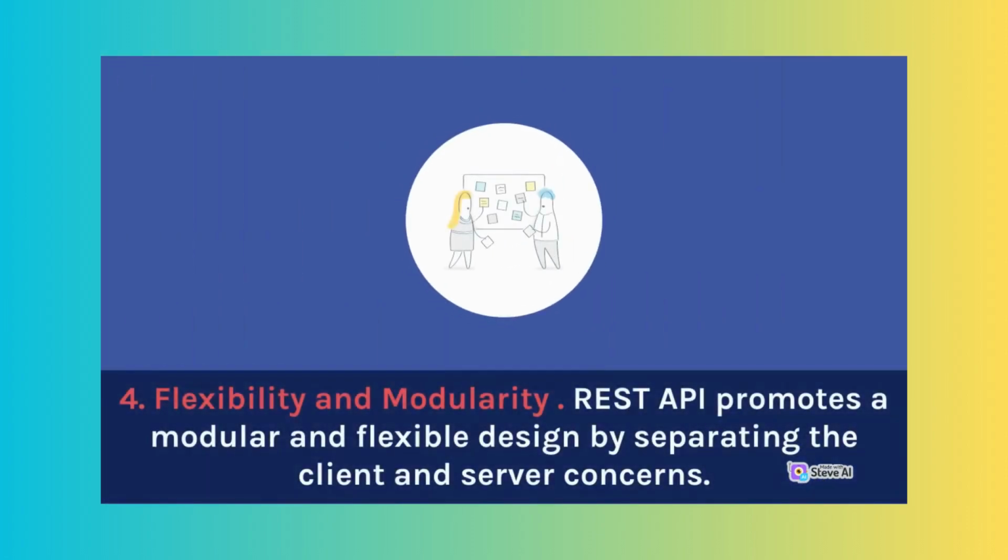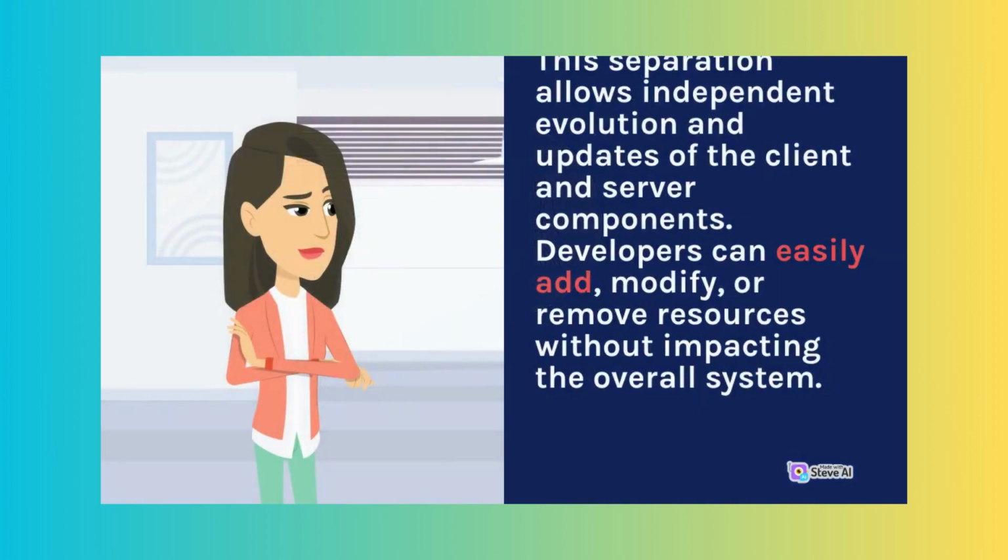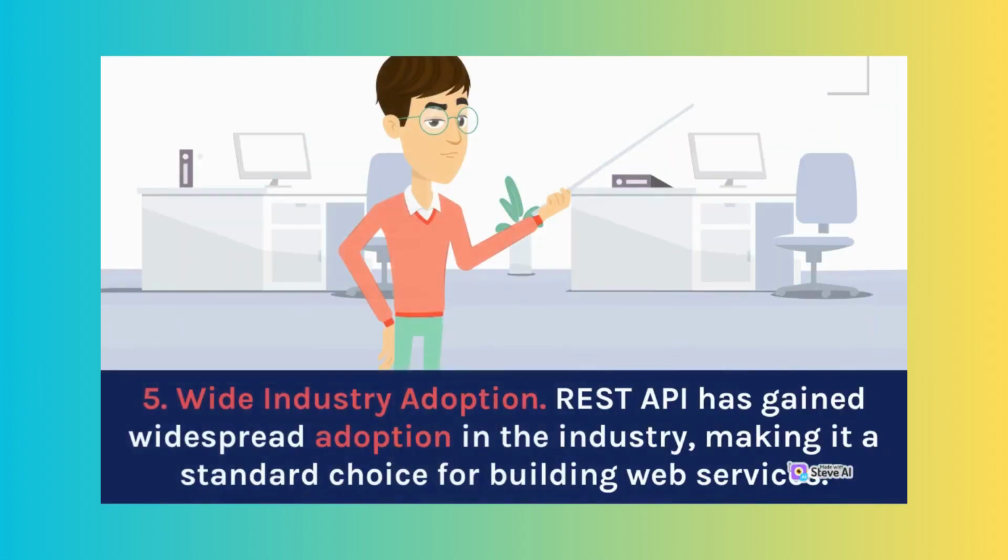4. Flexibility and modularity. REST API promotes a modular and flexible design by separating the client and server concerns. This separation allows independent evolution and updates of the client and server components. Developers can easily add, modify, or remove resources without impacting the overall system. 5.